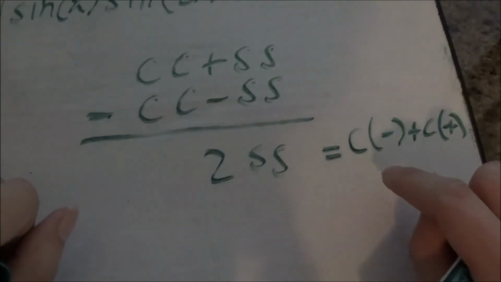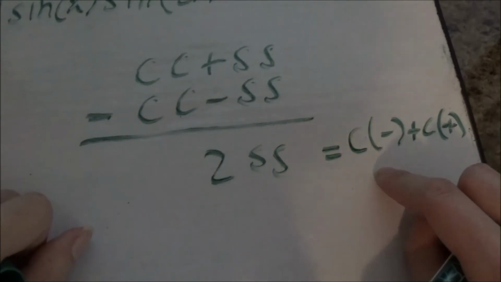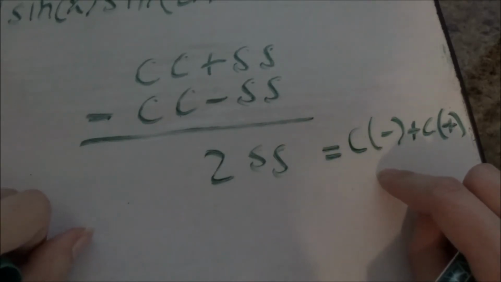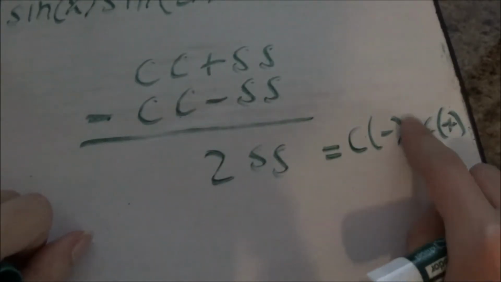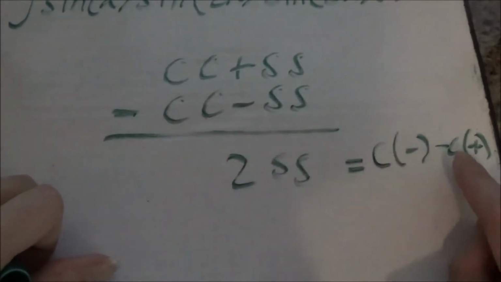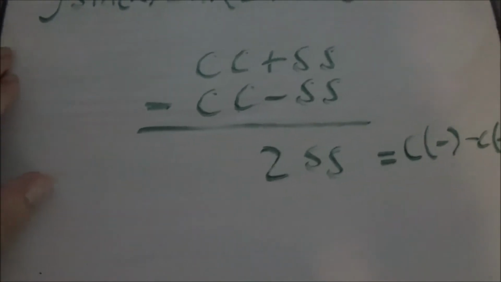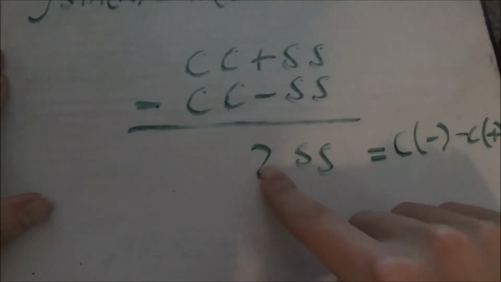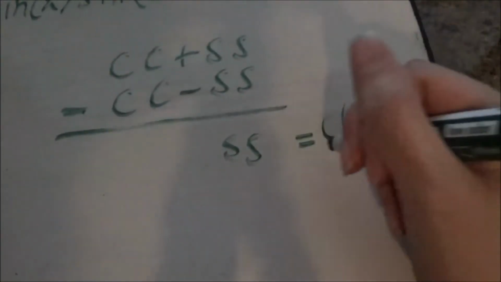If you know your laws, like cosine a plus b, cosine a minus b, this is cosine a minus b minus cosine a plus b, which is why I put it plus right there. And so doing that, this goes here. So that's my memory backup. If I forget the identity, I do that.